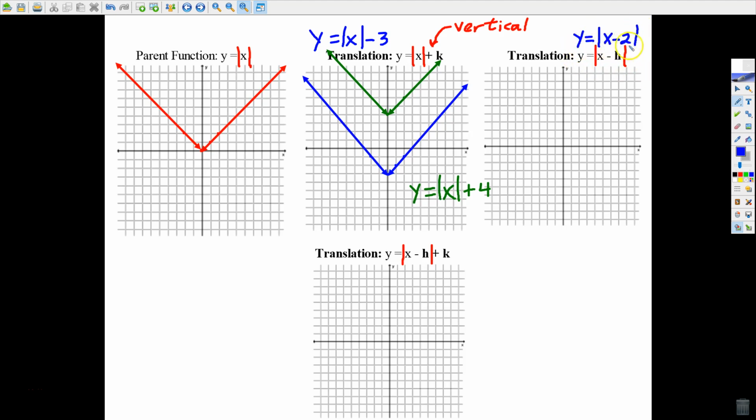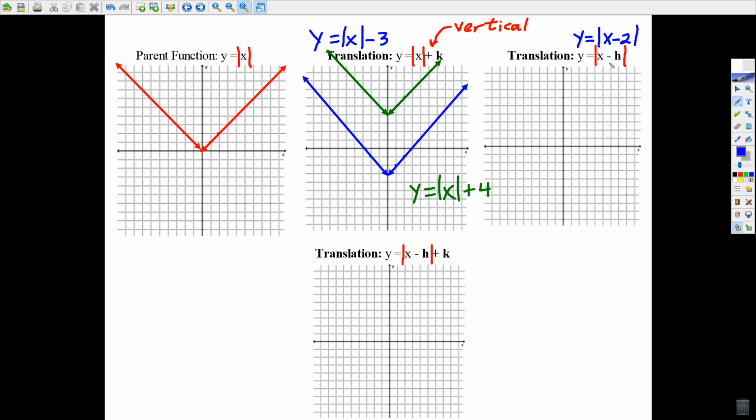If you compare what I wrote in blue to what was already given to you as the definition, y equals the absolute value of x minus h, what is h? It's 2. Do you see that? Not negative 2. h is literally 2, right? 2 is a positive number.